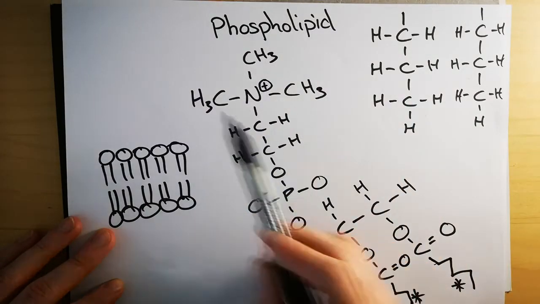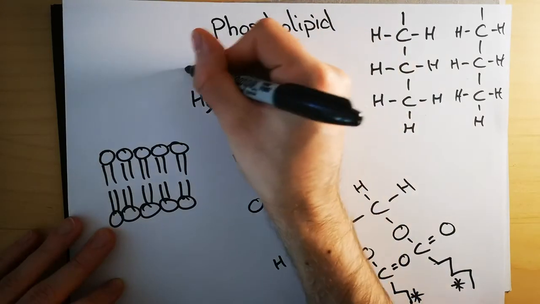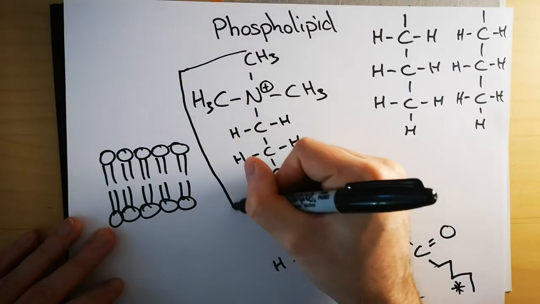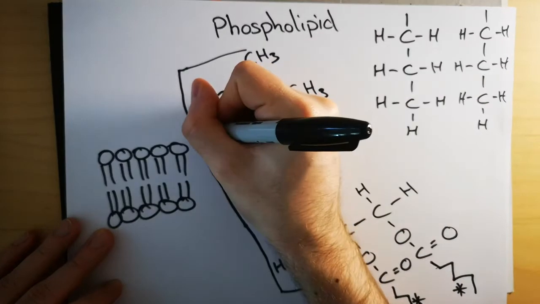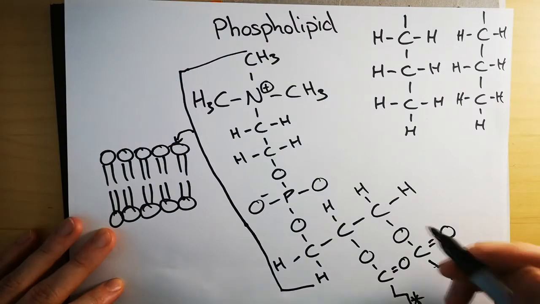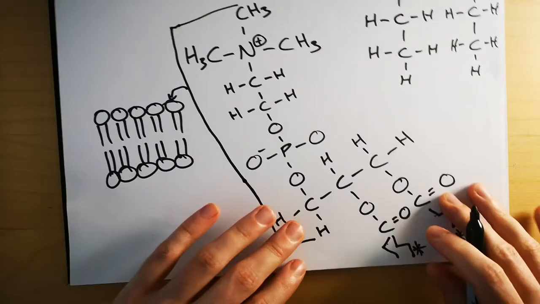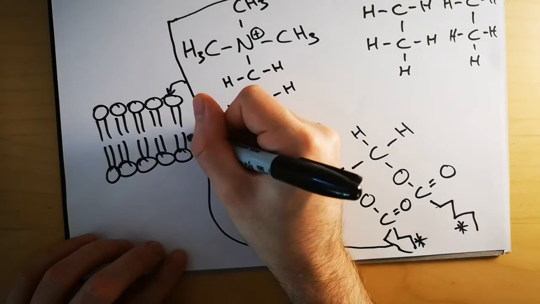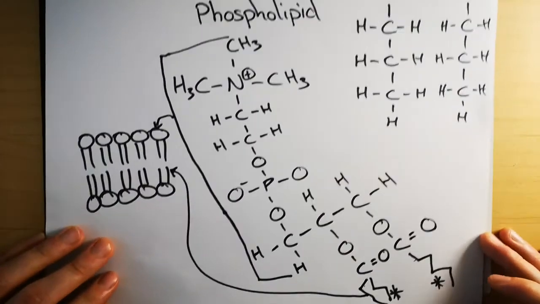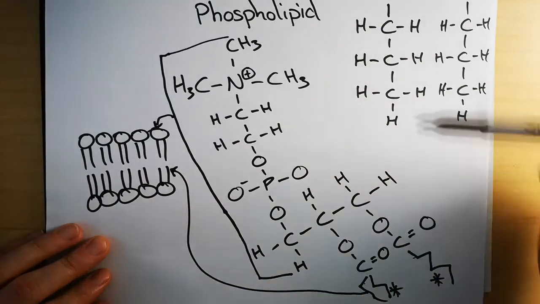It might have different atoms that make up the head section. So this section here, really that bit, is the head section, and this bit here, right the way down here, and these go quite far down, that's our tail section. So that's our phospholipid, and that's how we draw it at National 5.